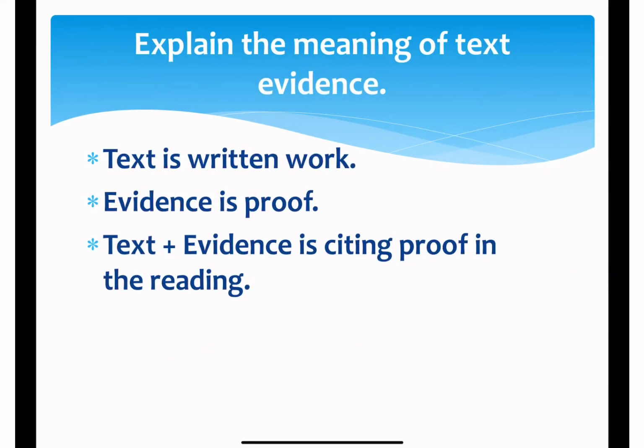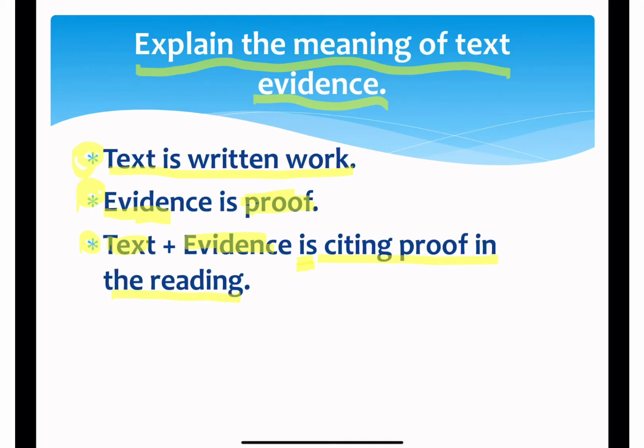The first thing I want to do in today's video is explain the meaning of text evidence. The text is any piece of written work. The evidence is proof. Text plus evidence is equal to citing the proof of what you're reading.